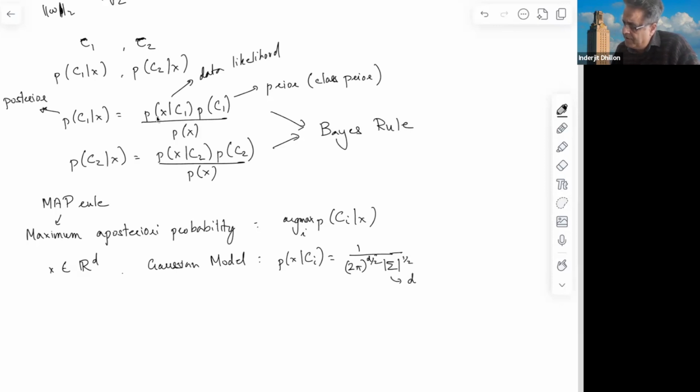Remember, I think last time I called this det of sigma, but we'll have different formulas, so this time I will just use these two bars around the covariance matrix sigma. And then I have e to the power minus half (x minus mu i, mu i being the mean of class i) transpose sigma i inverse (x minus mu i).